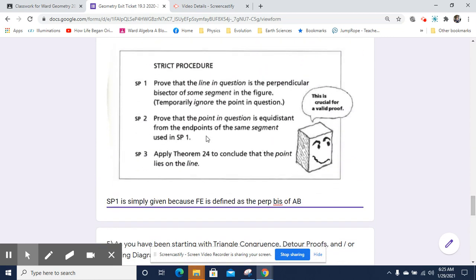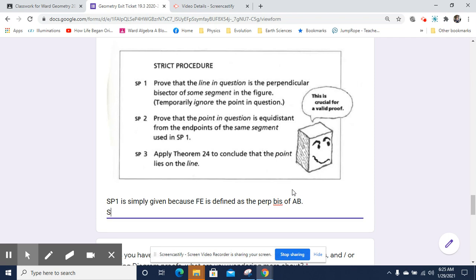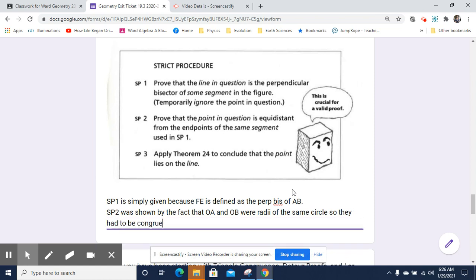Okay. Strict procedure part 2. Prove that the point in question is equidistant from the endpoints of the same segment. Okay, so SP2 was shown by the fact that OA and OB were radii of the same circle, so they had to be congruent by Theorem 18.